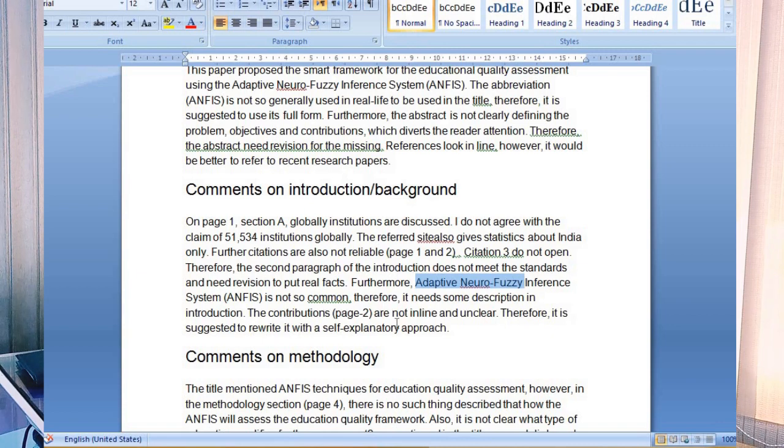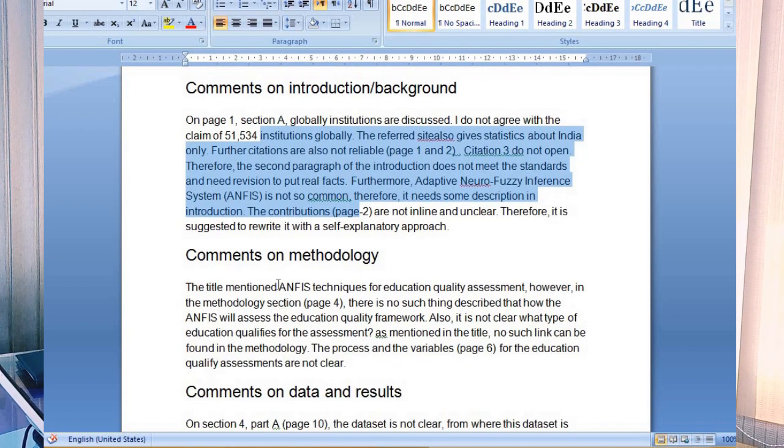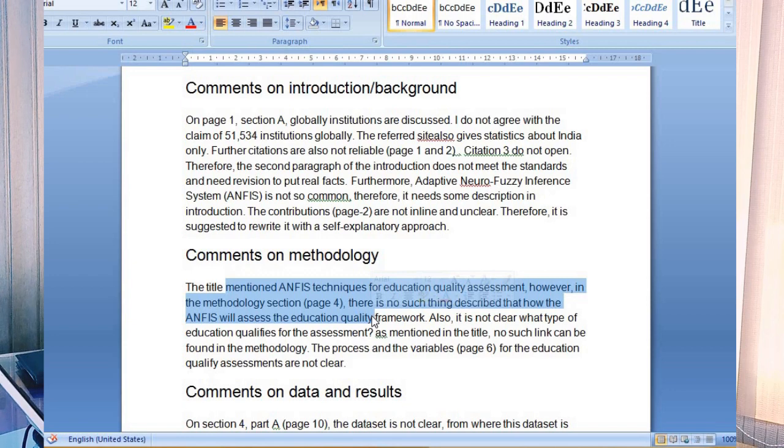As I discussed earlier in this course, if there is any terminology or methodology which is not familiar to new people or to the new subject, then these methodologies or theories must be explained. So these were the basic comments on introduction and background.